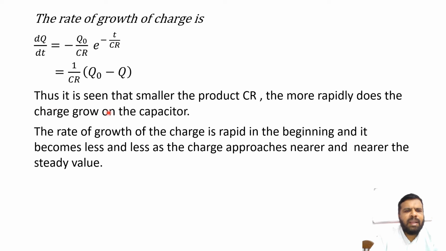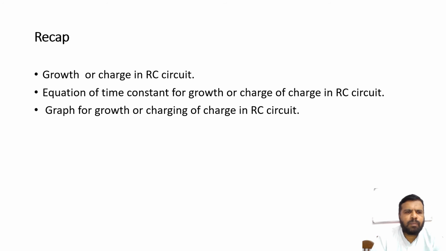Thus, it is seen that the smaller the product CR, the more rapidly the charge grows on the capacitor. The rate of growth of the charge is rapid in the beginning, and it becomes less and less as the charge approaches nearer and nearer the steady value.